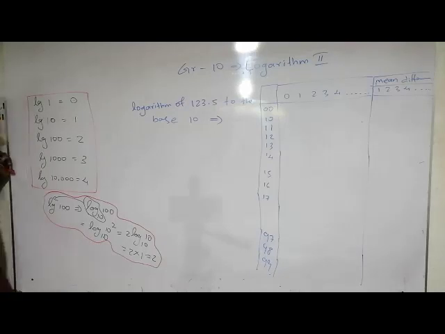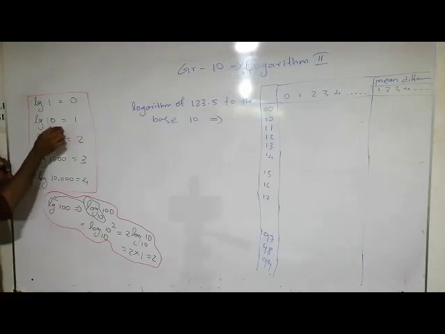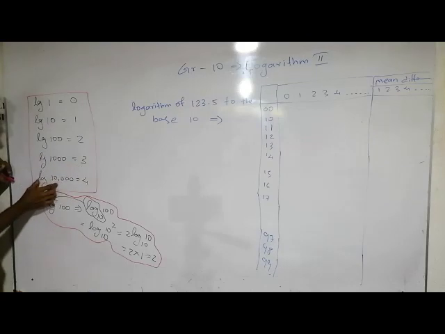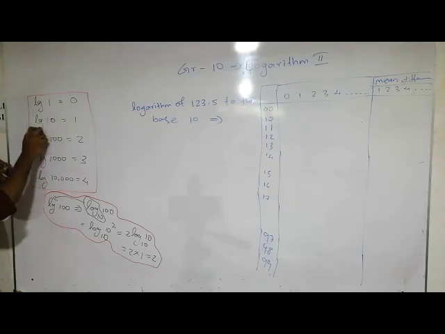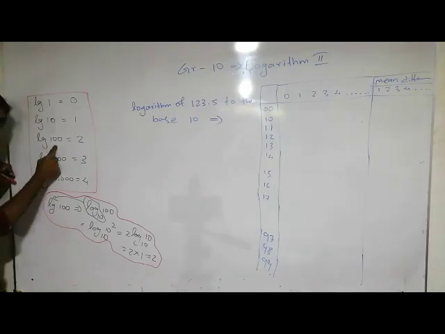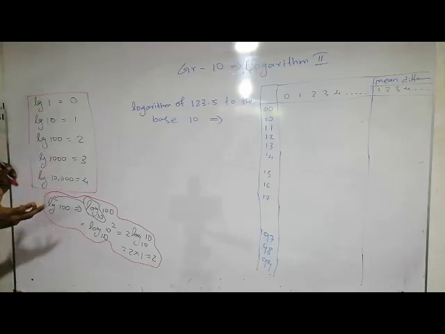So that means 2. Like this we can find all these values. Logarithm 10 is 1, logarithm 100 is 2, logarithm 1000 is 3, logarithm 10,000 is 4.